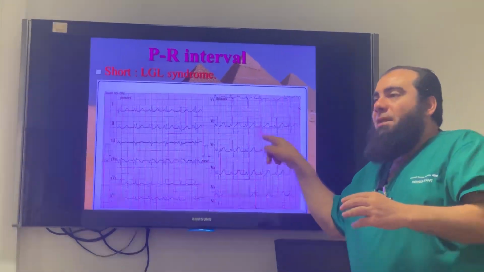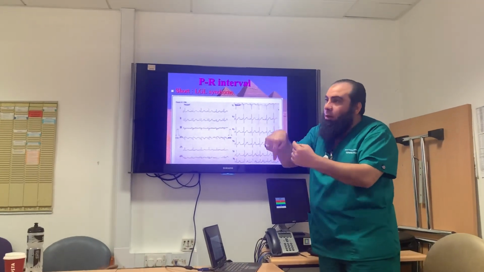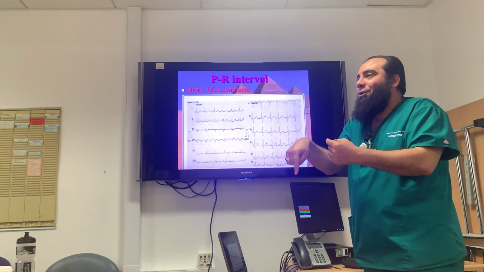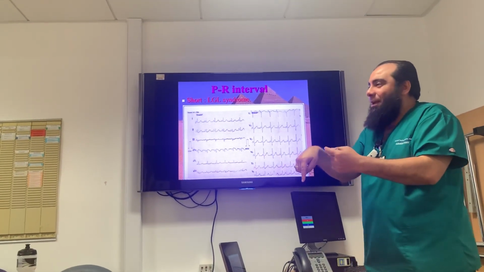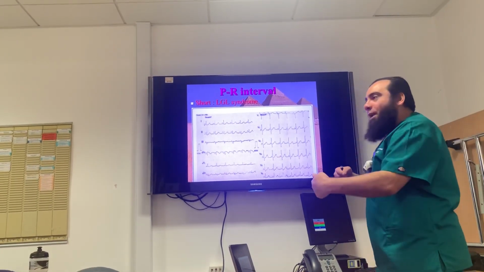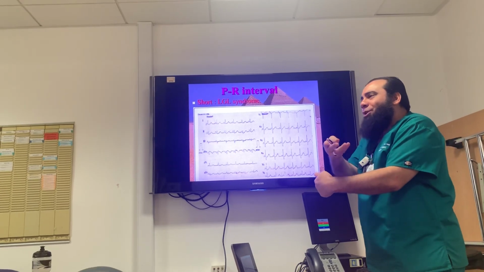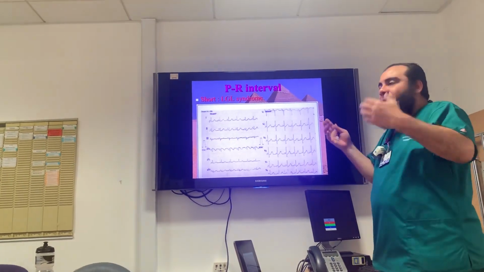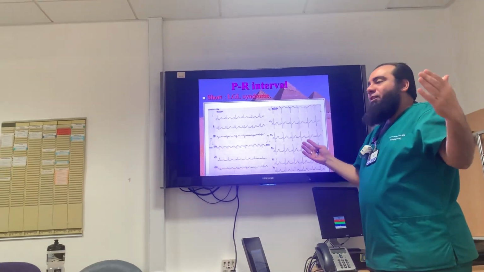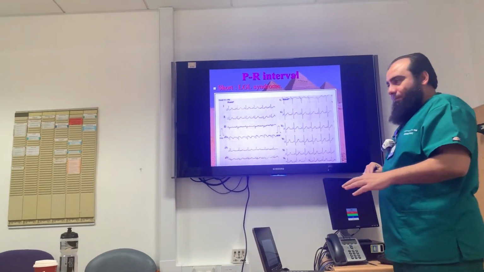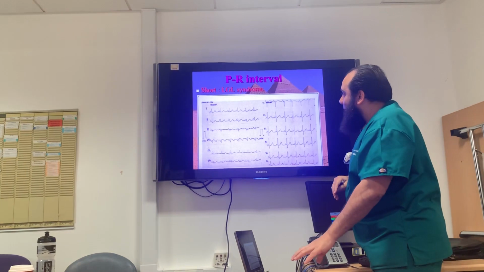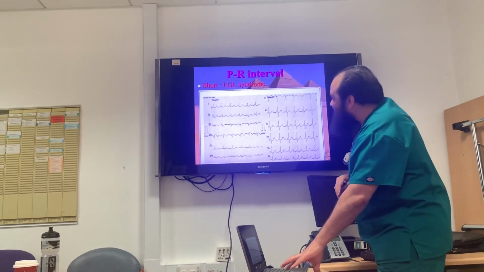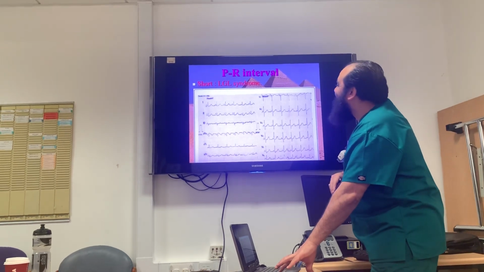Here the accessory pathway is in the junction itself, so it doesn't have that specialized tissue that causes the block. It goes through quickly with no delay, and the preventive management is similar to WPW. Okay?